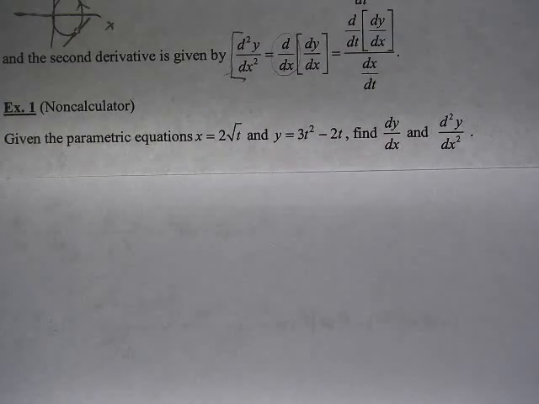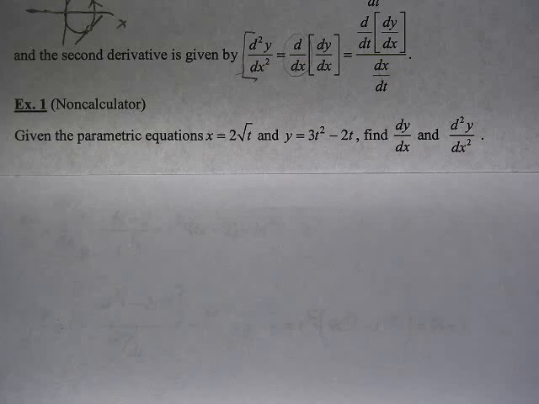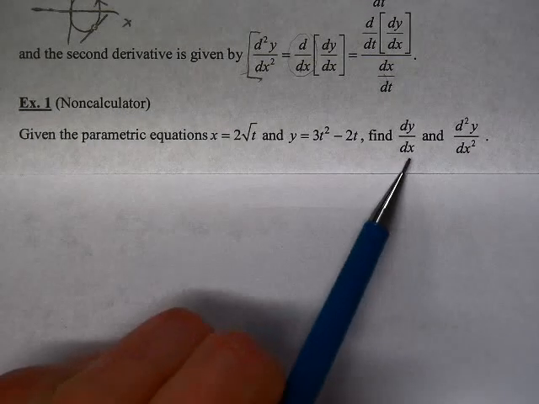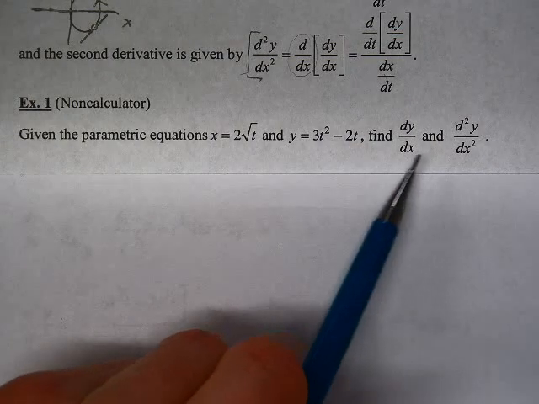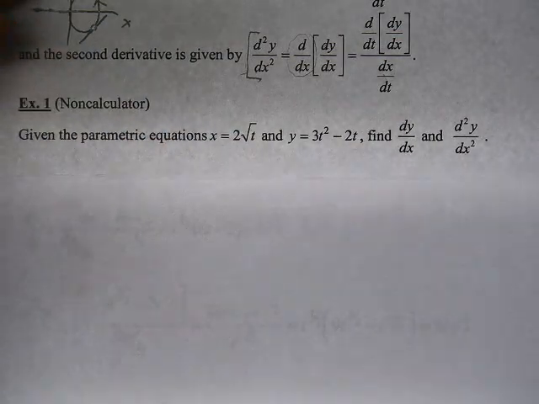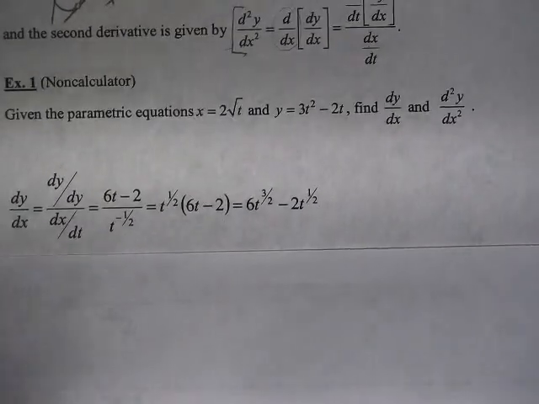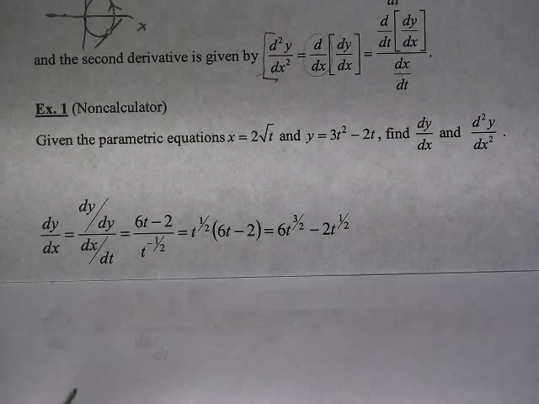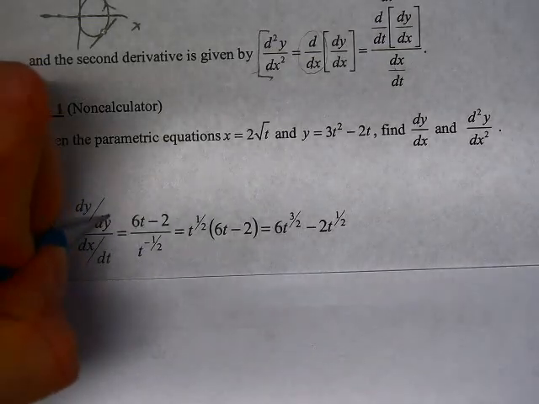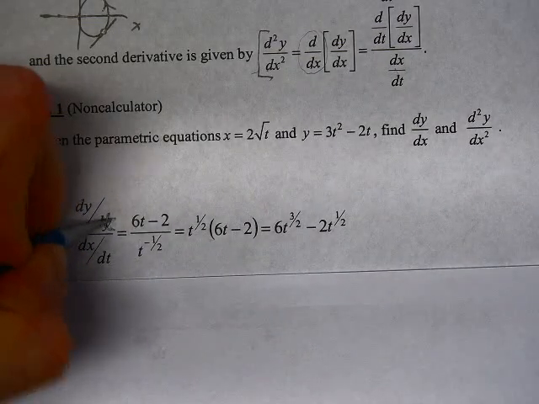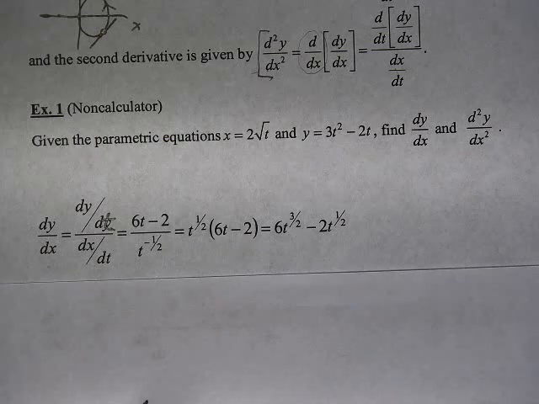All right, so let's take a look at how that's going to look practically. So here we have a set of parametric equations for x and y. They want us to find the first derivative and the second derivative of y with respect to x. So the first derivative of y with respect to x is just dy dt. Sorry, this is a typo here. This should be dy dt over dx dt.